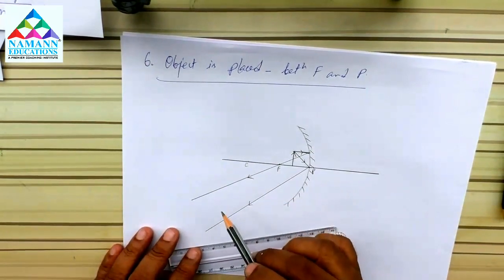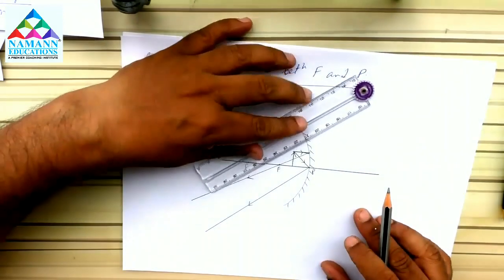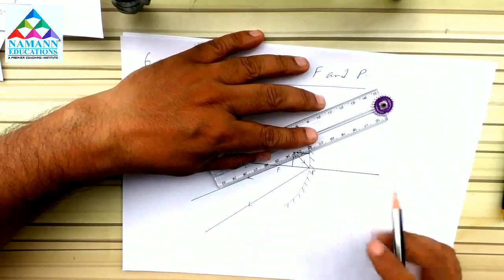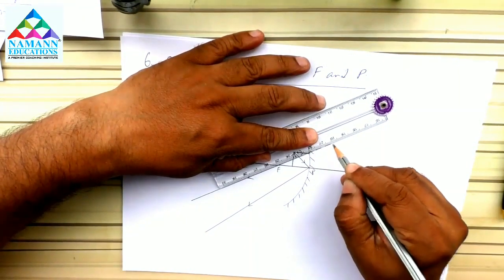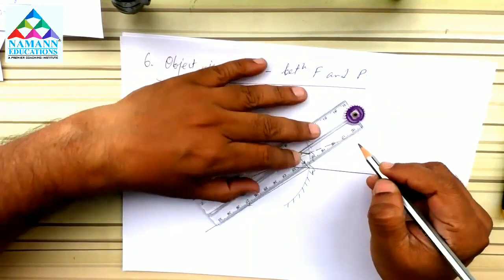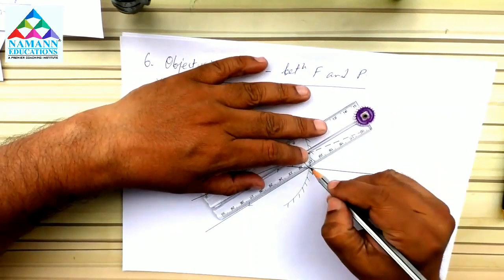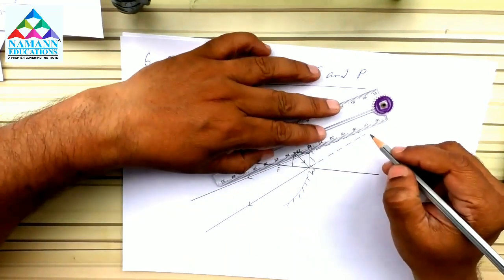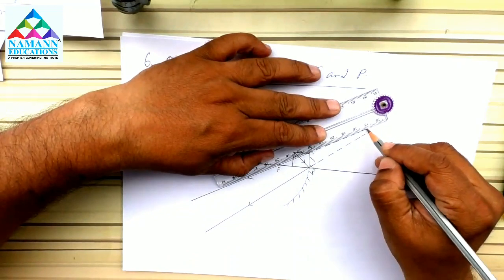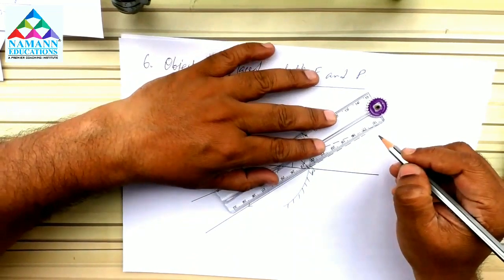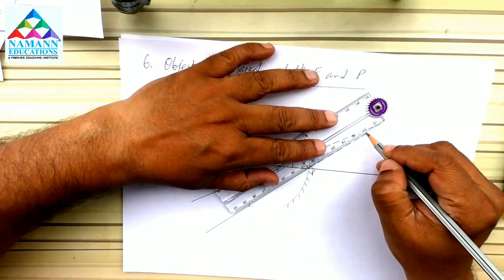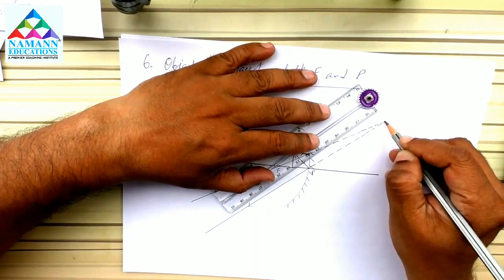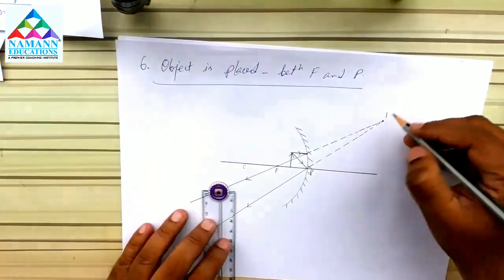If we produce this reflected ray back, and this one, if we produce these light rays back, we'll see that the two light rays appear to diverge from a point, this particular point, and here we can draw the image.